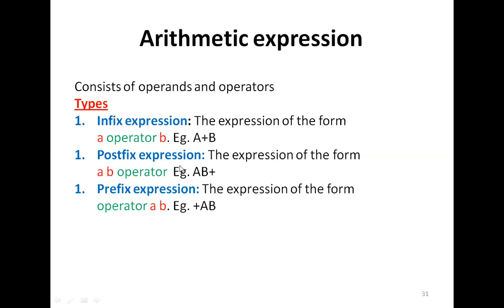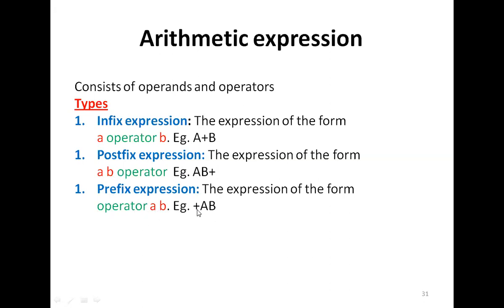Then comes postfix expression. In postfix expression, the operands come first, and after that the operator comes. An example you can see here is AB plus. AB are operands and plus is the operator. So first you write the operands, then you write the operator. Then prefix expression. In prefix expression, the operator is written first, then the operands AB.